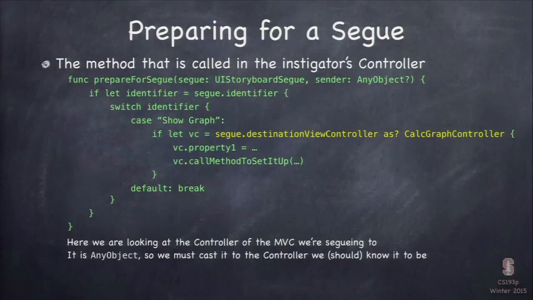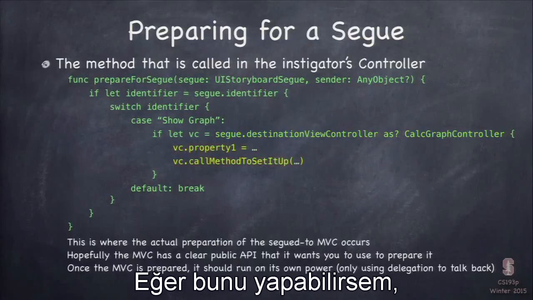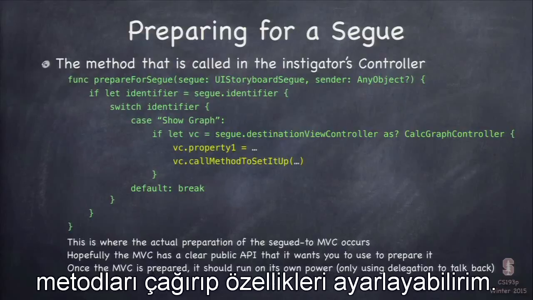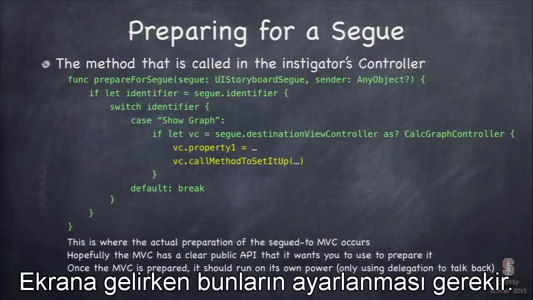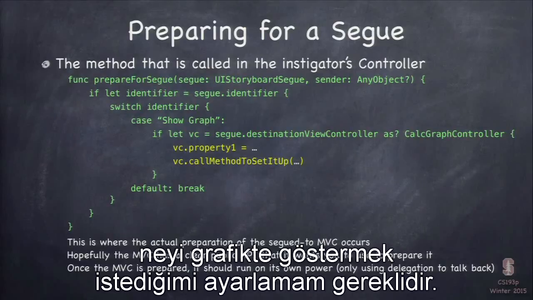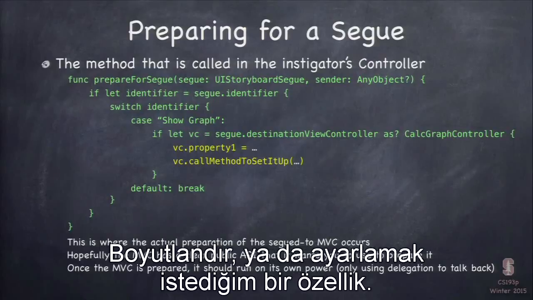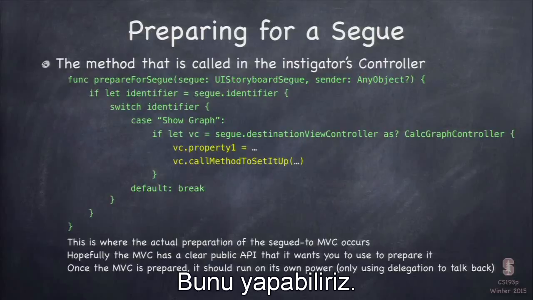So that's why I'm doing if let there. So if I can, then I'm just going to call methods and set properties in that CalculatorGraphViewController that are needed to prepare that thing to come on screen. So again, in this case, I would probably tell it what I wanted it to graph here. Maybe I would set its color or something else, the scale, or whatever we wanted to set here, we could do.